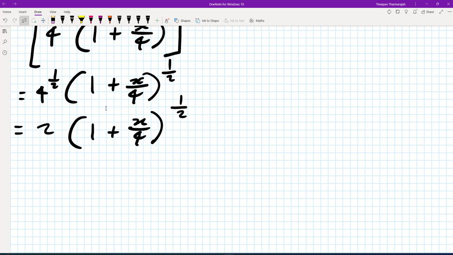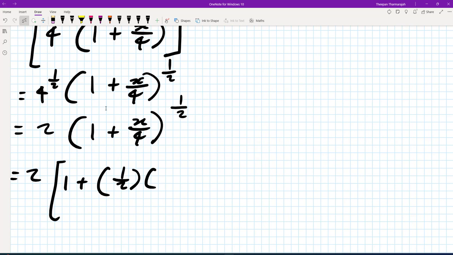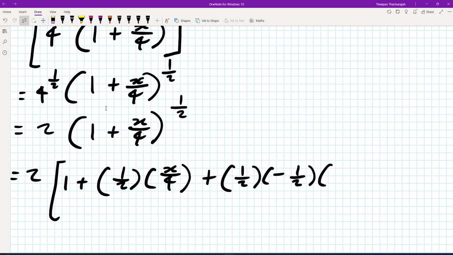So what we're going to do, we could write that as 2, now open brackets, now we need the binomial formula here. So it's going to be 1 plus nx, as we've shown in previous videos. So it's going to be a half times x over 4 plus a half times minus a half times x over 4 squared divided by 2 factorial.